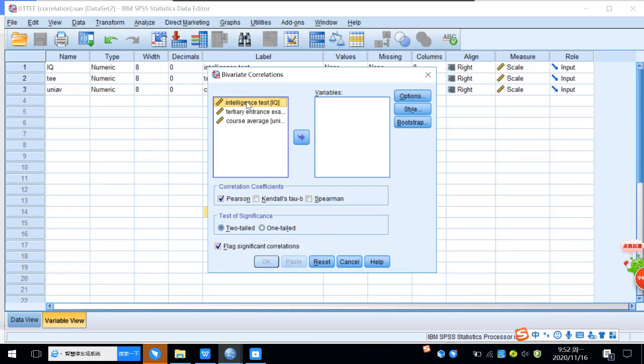Bivariate. And all these variables will be input into this box. Okay? Correlation coefficients. Yeah, default is Pearson. Right. Okay, then next.